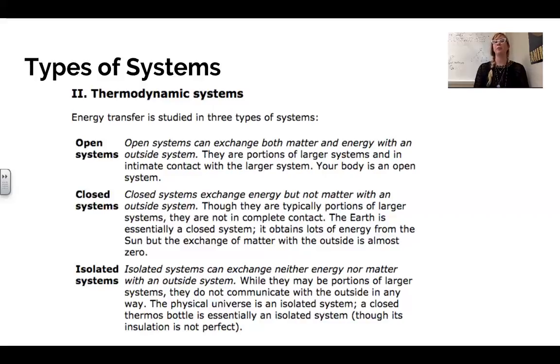And we can't really prove that, right? We usually think of a thermos as an isolated system, even though it's not perfect, right? A thermos is not 100% holding in heat and all types of energy. It's more a closed system, but we can consider it an isolated system if we say that it's not exchanging energy or matter with an outside system.